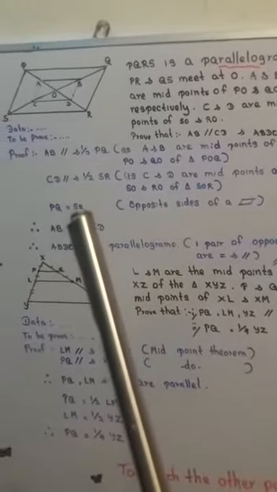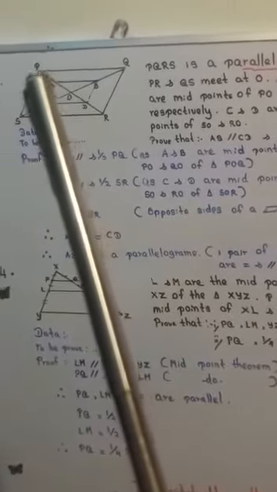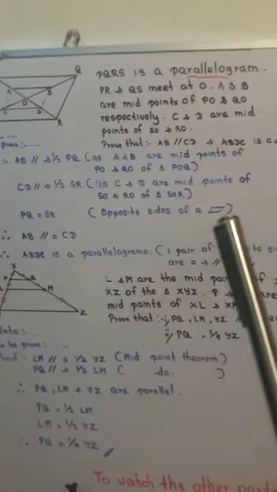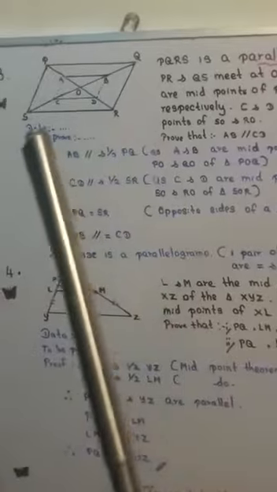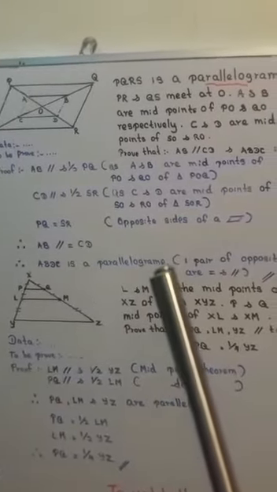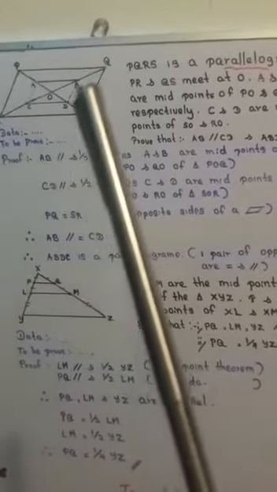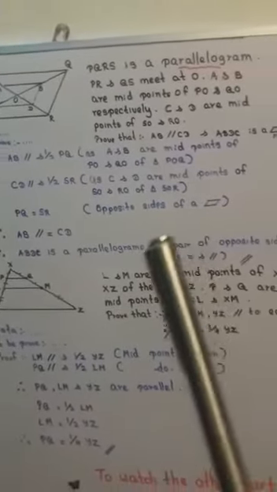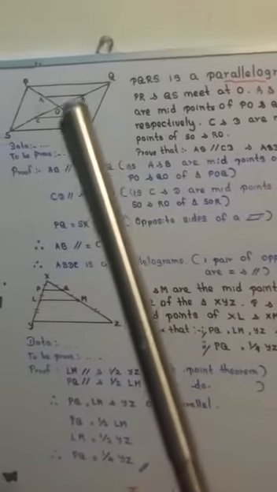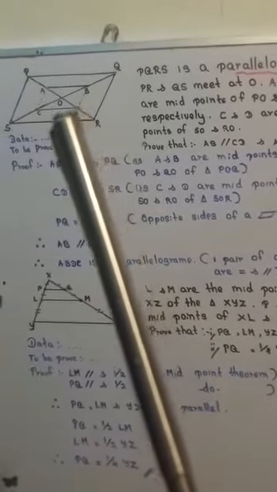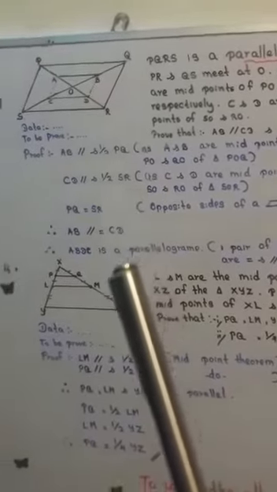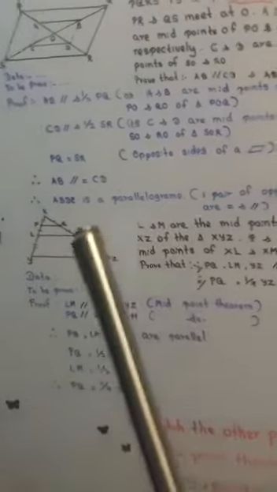Then PQ equals SR. Why? Opposite sides of a parallelogram are equal, as you know. Therefore, ABDC is a parallelogram. Why? A pair of opposite sides are equal and parallel.